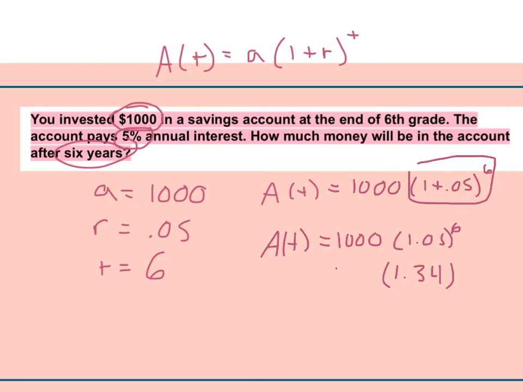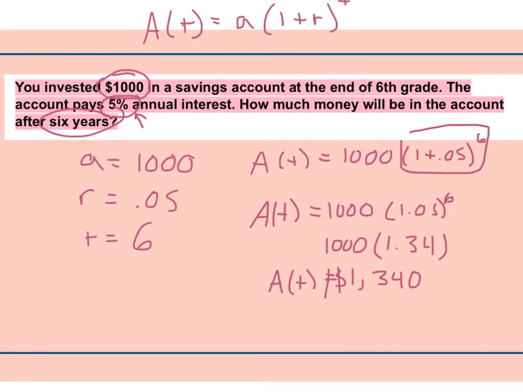So we have 1.34 times 1,000, which is equal to 1,340. So if we invest 5% annually after 6 years, we'll end up with $1,340 into our account.